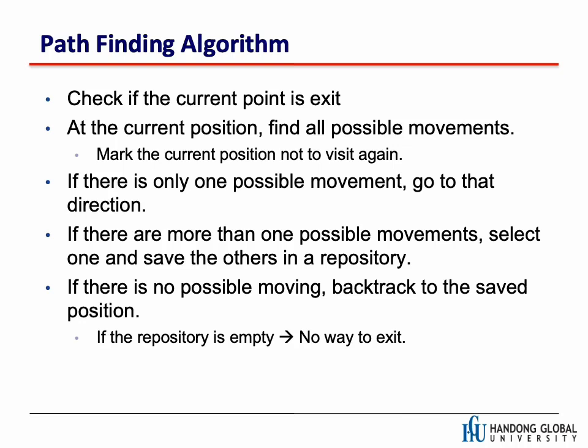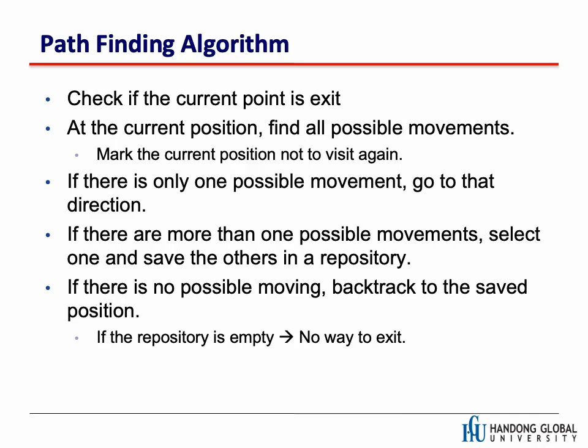So it will be a stack. We'll talk about that later. But we have to save the other options. And then if there is no possible moving, as I said before, when we follow one direction and we meet a dead end, so we don't have any other option, then we have to backtrack to the saved positions.